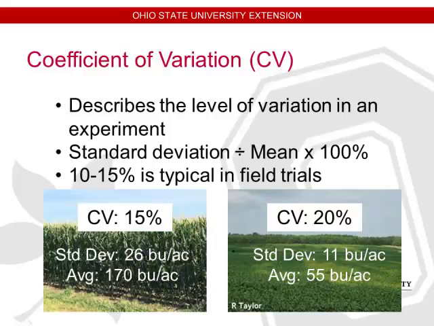What CV does is it gives you the ability to compare those on an equal level. The CV in the corn is 15%, whereas in that soybean field with the 11 bushel per acre standard deviation, it's 20%. So even though the standard deviation is smaller for that bean field, the CV is bigger. So there's actually more variation in that field. And that's one of my favorite statistical numbers because it's just a real quick idea of what's going on in that experiment and how well they managed the variation.